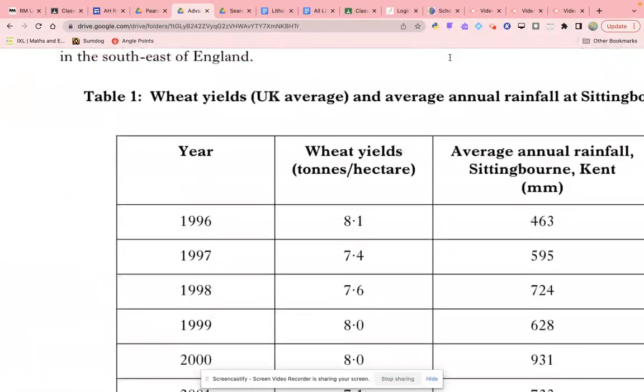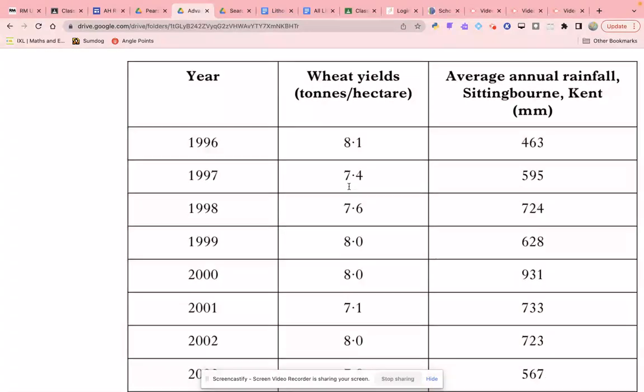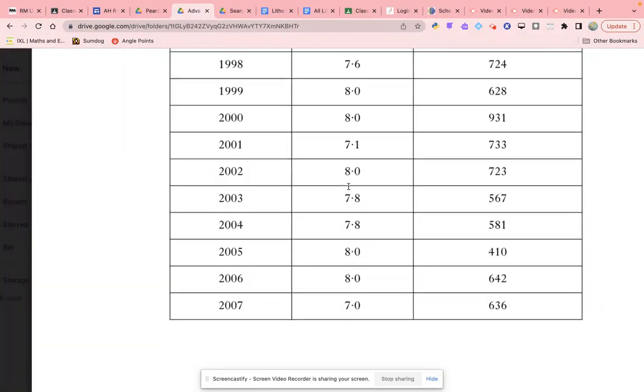And then what we need to do is pick out our two variables, our X between rainfall in Sittingbourne, Kent, and our Y variable and wheat. So our null hypothesis would be written as there is no statistically significant relationship between average rainfall in Sittingbourne and wheat yield. Okay, that would always be worth 1 mark, the formulation of a null hypothesis.